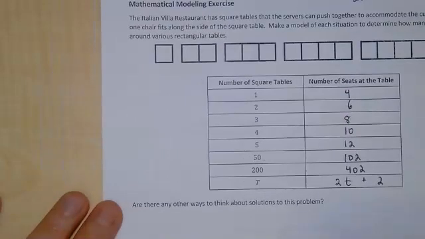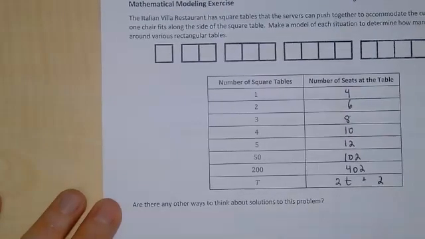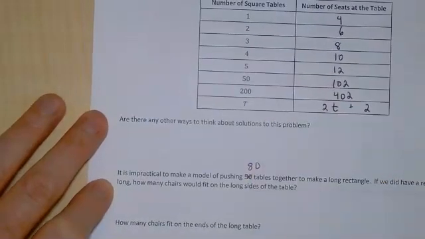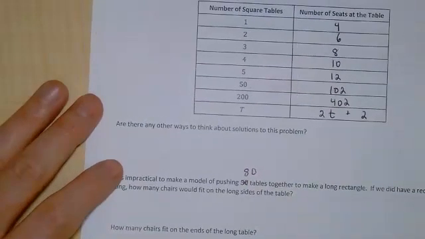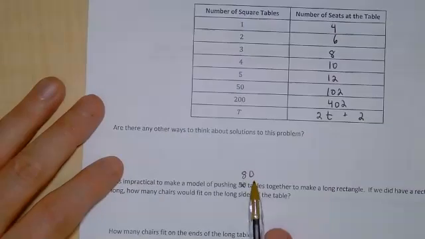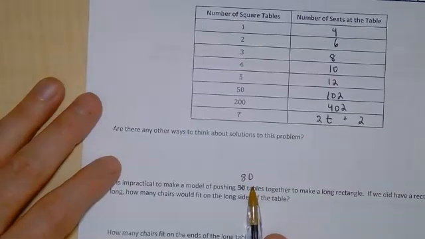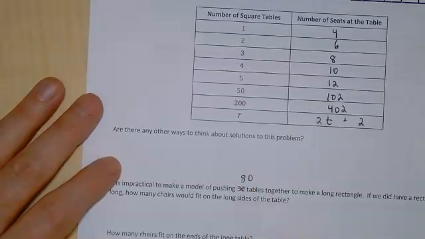So what if I made this, instead of 50, what if I said that number is 80? Could you figure out how many chairs, how many people you could seat if you knew it was 80? Lene, could we figure it out from 80? How would I do it?